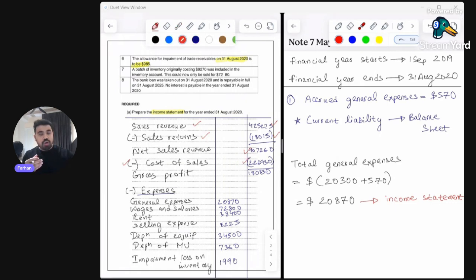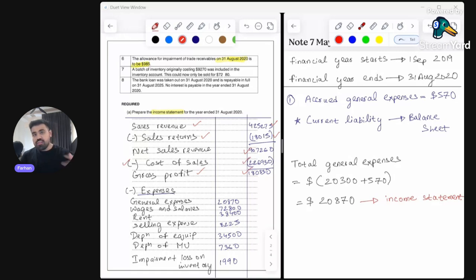When we subtract cost of sales from the net sales revenue, we get the gross profit, which is 180,330 in this case, which you can find out in your calculator. So you can see in this format, all those numbers which we are subtracting are represented in brackets just to highlight the fact that we are subtracting them.